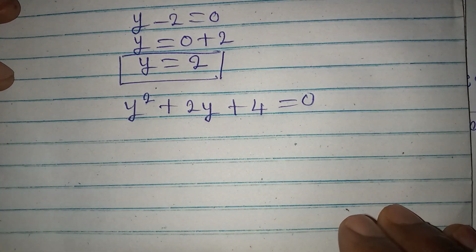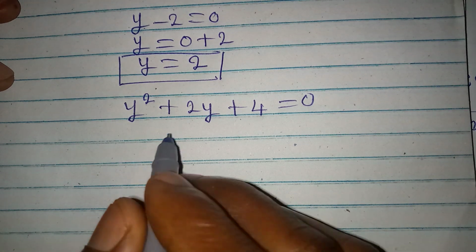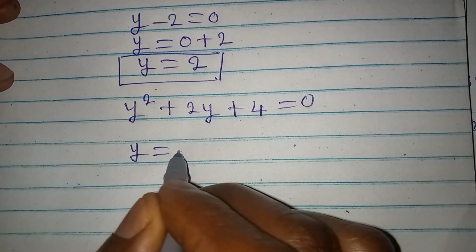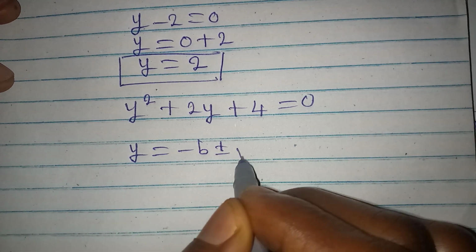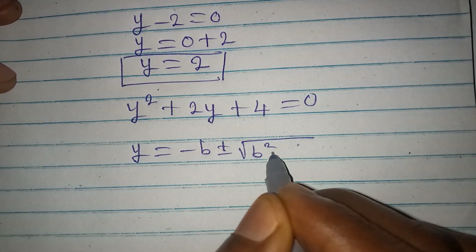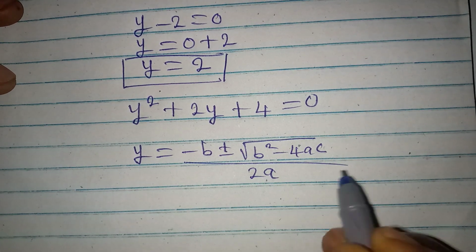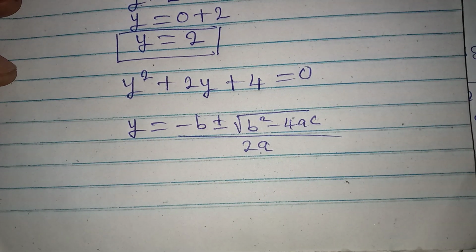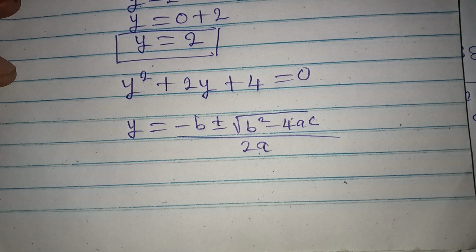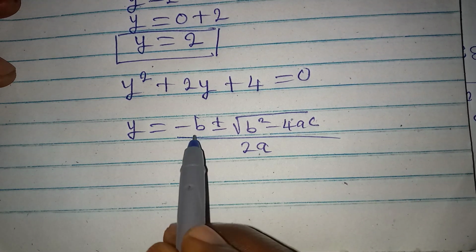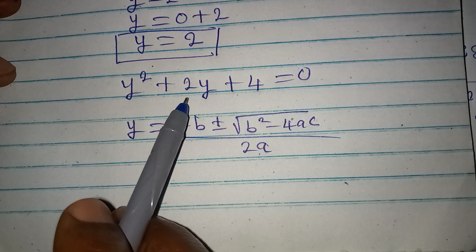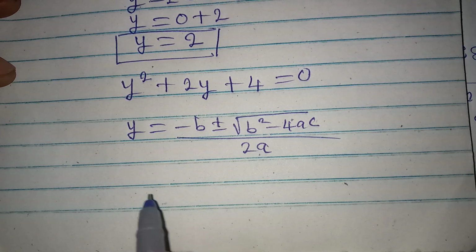We can solve this by using the formula method, where y is equal to minus b plus or minus square root of b squared minus 4ac, and the whole of this is over 2a. And then what is our a, our b, and our c? A is the coefficient of y squared, b is the coefficient of y, and c is a constant.